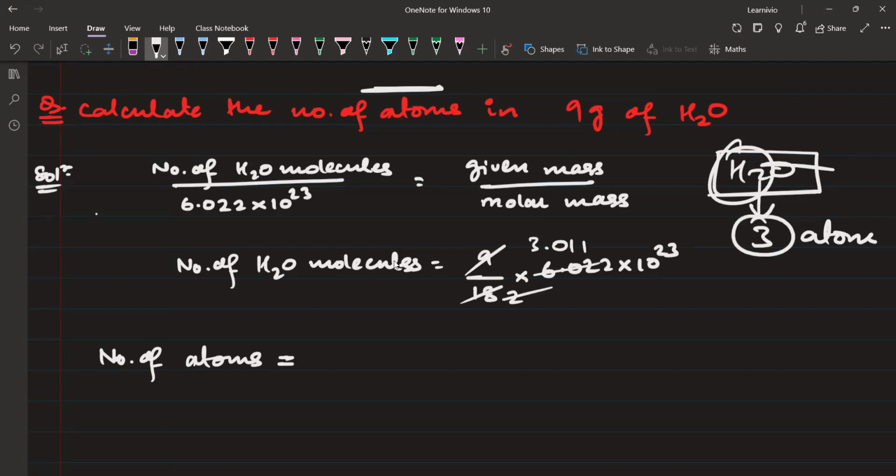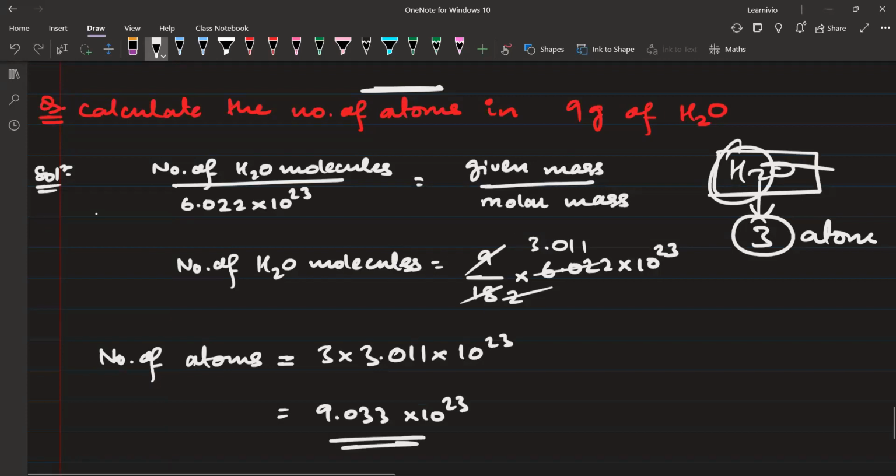Number of atoms will be 3 into 3.011 into 10 to the power 23. So these many atoms are there. Make sense, Zainab, now? Yes, sir, got it. Please copy this down.